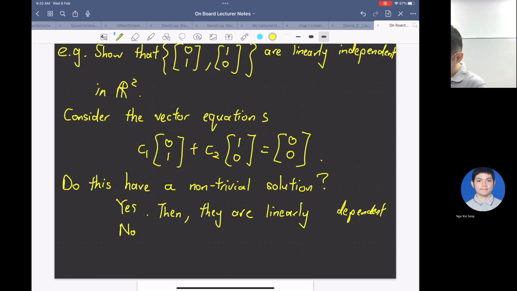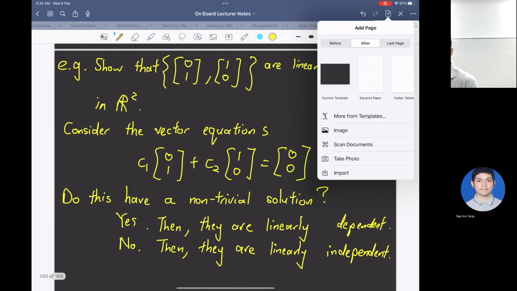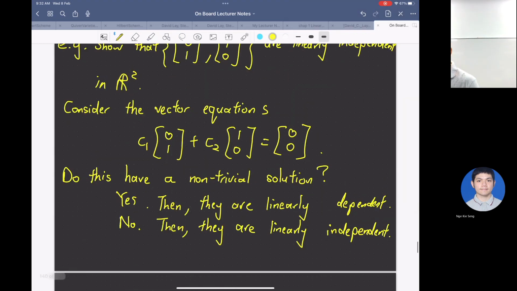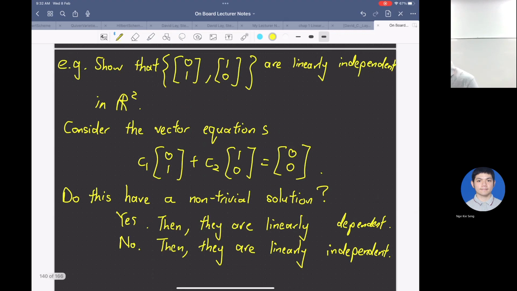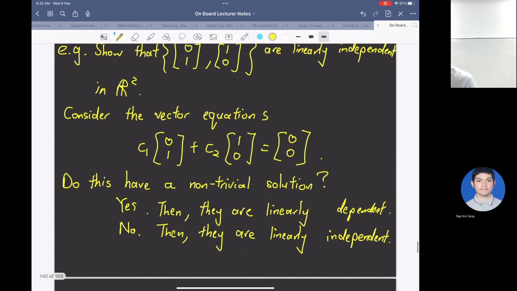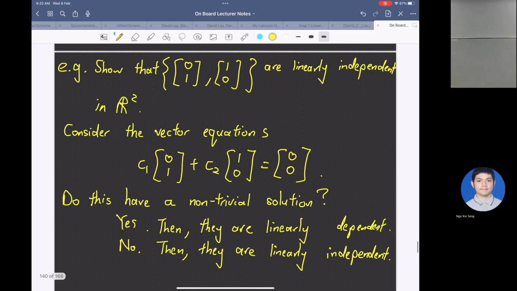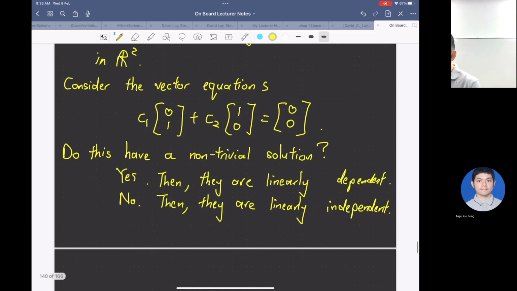If no, then they are linearly independent. Okay, so let's see. Any questions or not? I think I said a lot of things not organized together.